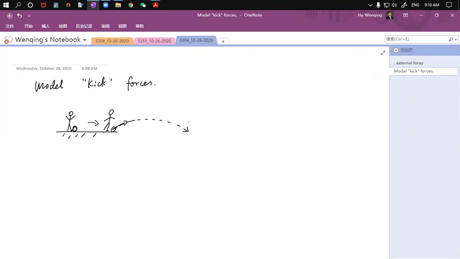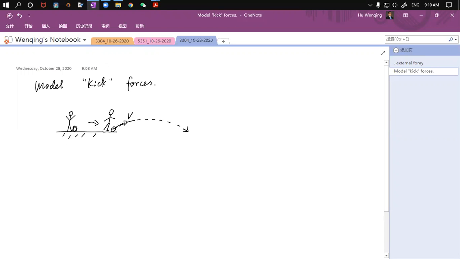That means the force is not going to stay there for long. The interaction time between the foot and the ball is very short, and just after this short time, a certain momentum is given to the ball, and it gains a certain velocity v and starts to move.